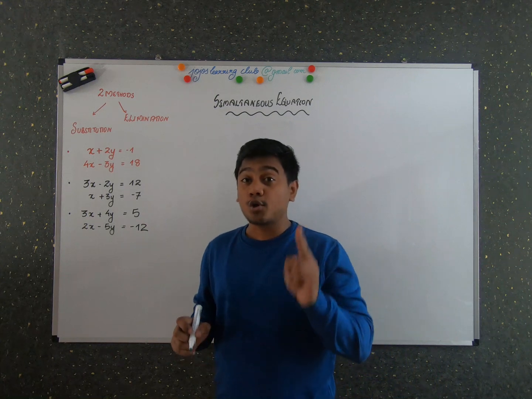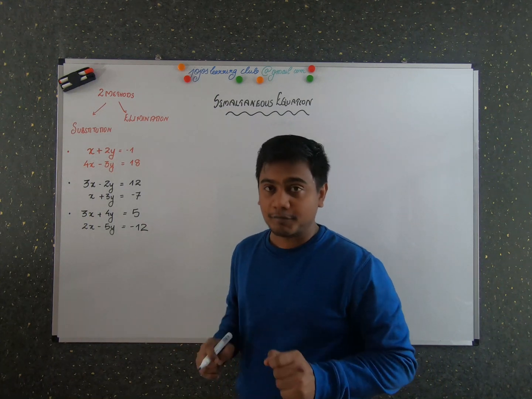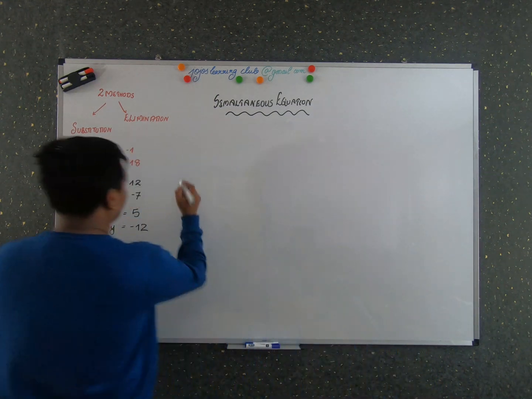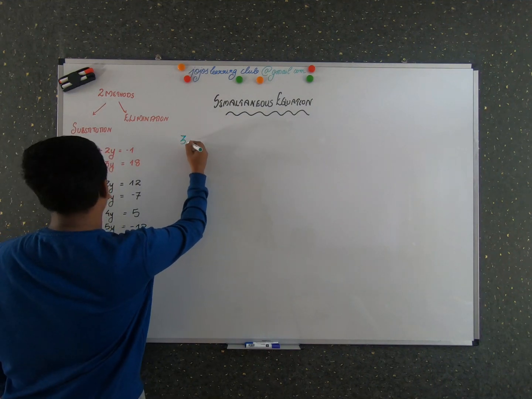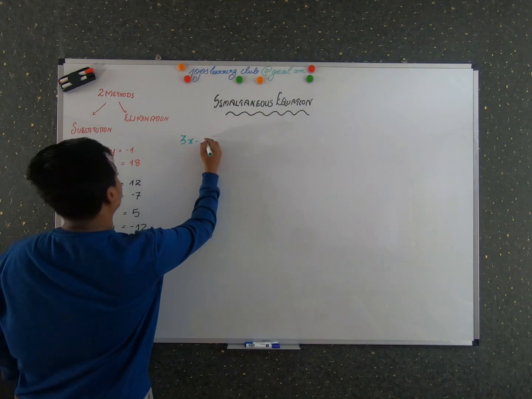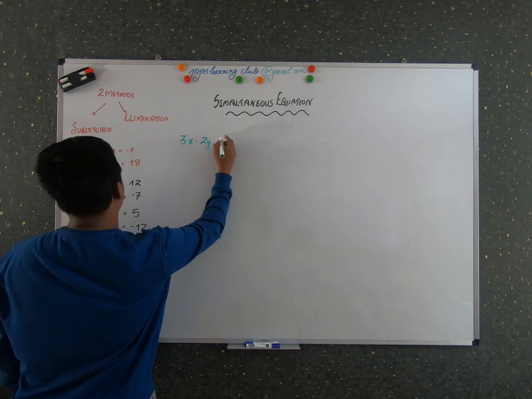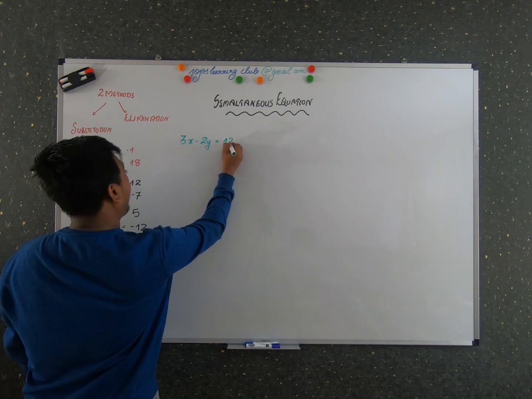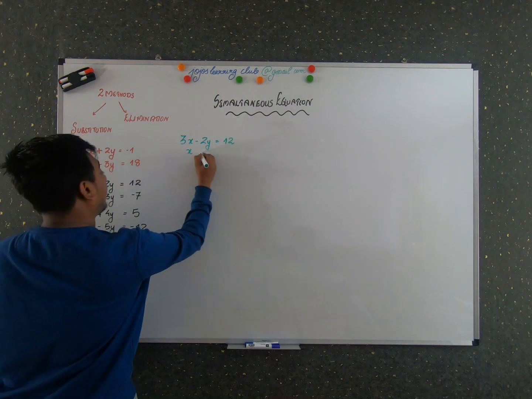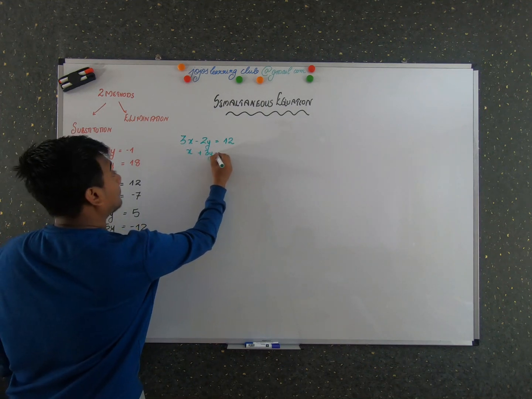Now I have two more problems which I'll be discussing in this video. So when you get a question, first of all just write the question, that is 3x minus 2y is equal to 12 and x plus 3y is equal to minus 7.